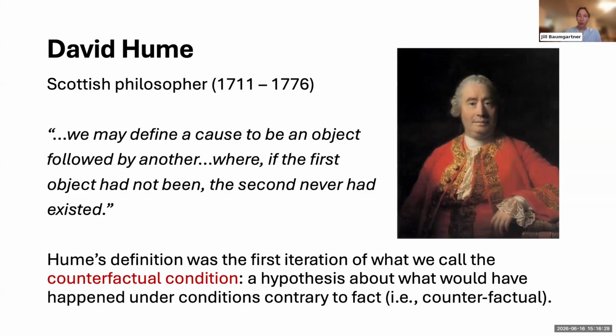He wrote, we may define a cause to be an object followed by another, where if the first object had not been, the second had never existed. That's essentially the same definition when we think about causal inference: in the absence of exposure to air pollution, would these health outcomes have developed, or would this distribution in a population still exist?